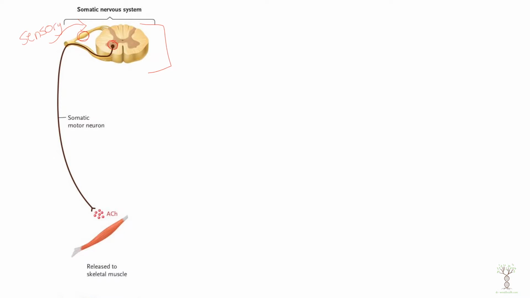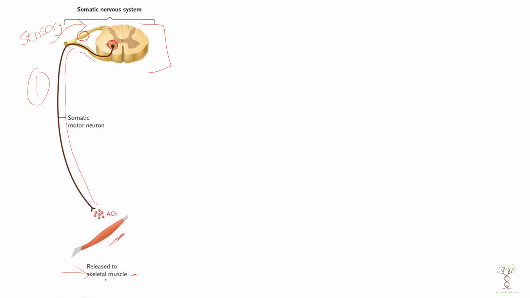So the cell body of the motor neuron starts in the spinal cord, and that motor neuron goes out to the spinal nerve, and then one single neuron is going to go all the way down to the effector. In this case, it's going to be skeletal muscle that we can voluntarily control. One neuron from the central nervous system to the effector, and we can voluntarily control it.